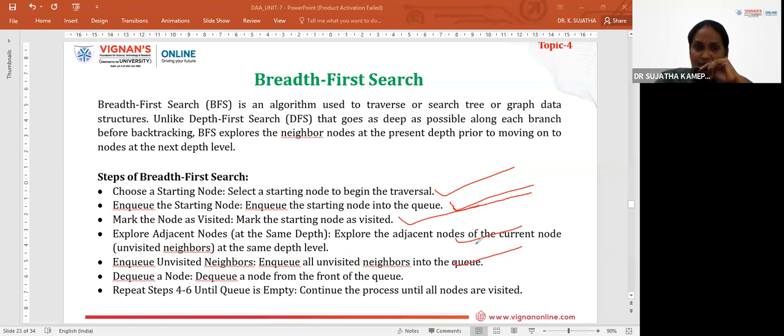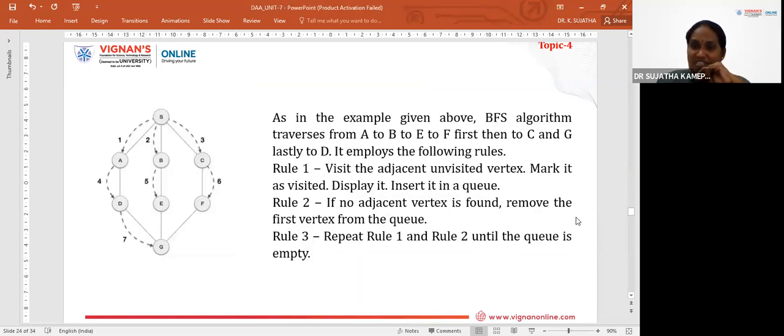A node can be dequeued from the front of the queue. Right. So steps 4 to 6 are to be repeated till the queue is empty. We need to continue the process until all nodes are visited. Our breadth first search algorithm traverses a graph in a breadthward motion and uses a queue to remember to get the next vertex which is to be visited.